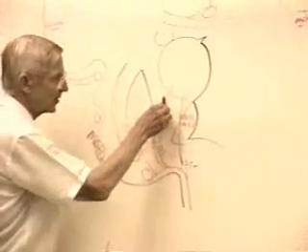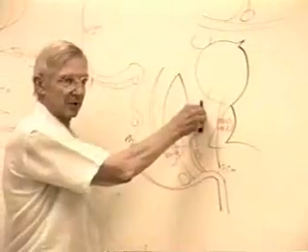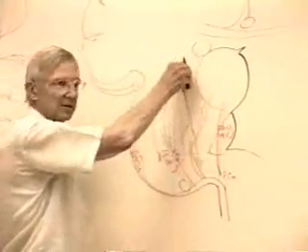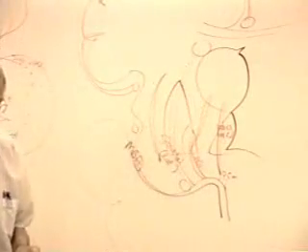From below. So here we have the inferior part of the posterior limb supplied by anterior choroidal, and the superior part supplied by striatal branches.